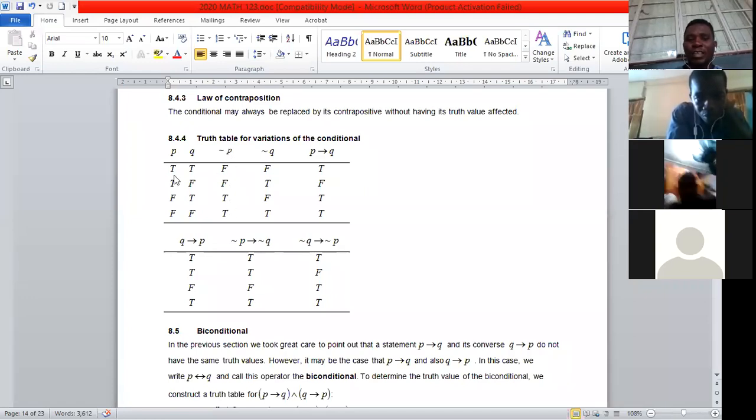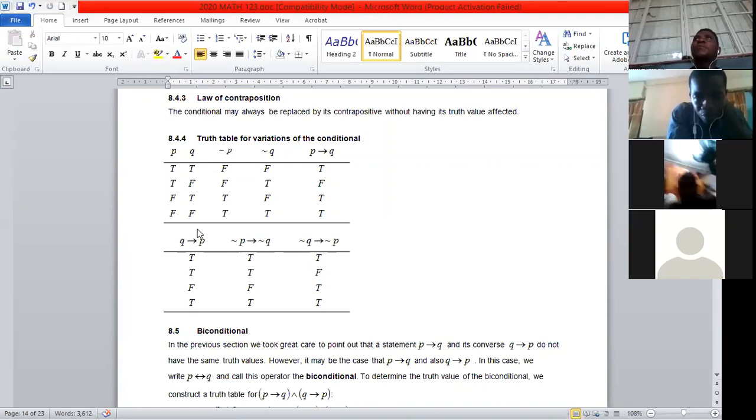Remember, this column is P. So when I'm negating P, I'll get false where this is true. Note that when you are writing the truth table for two statements, you have true, true, false, false, and the next column should be true, false, true, false.